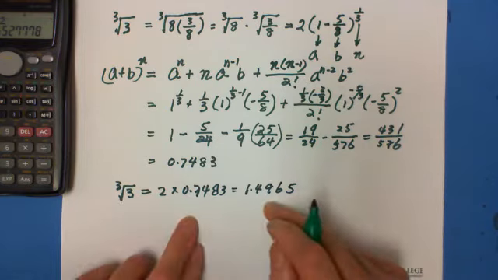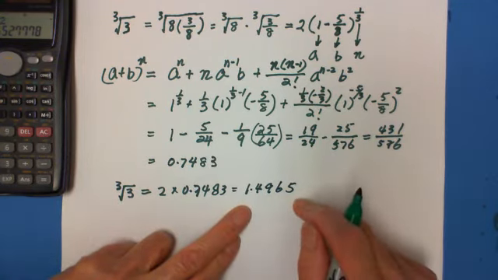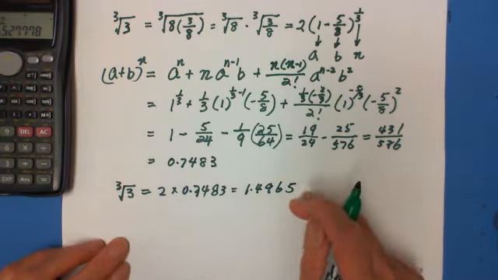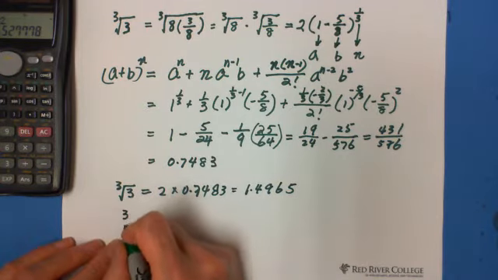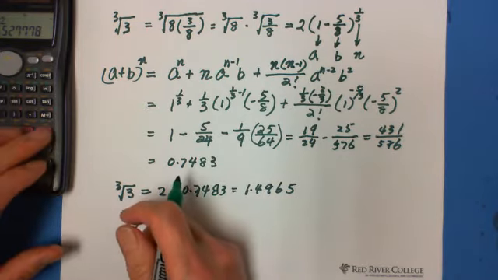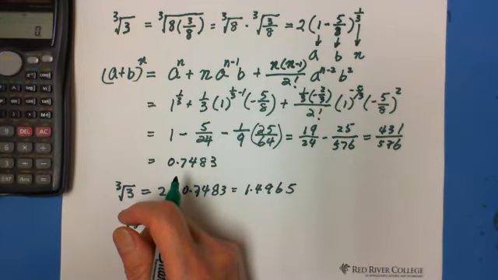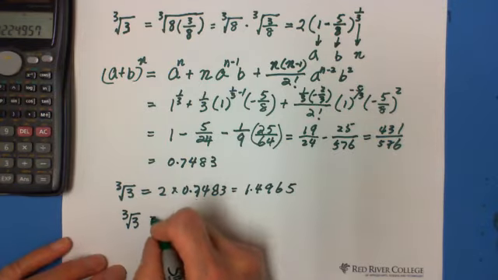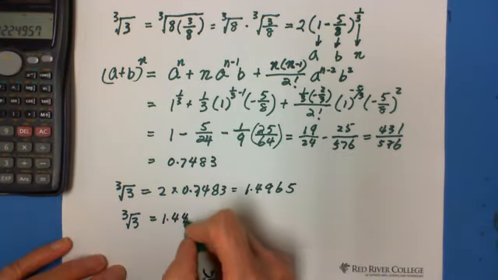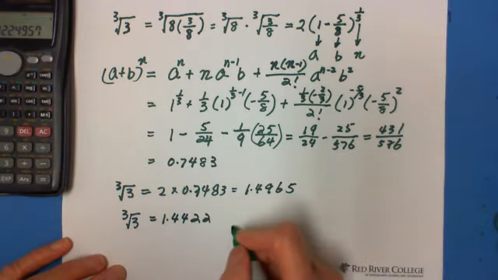This is the approximation. But if we use the calculator and ask for the cube root of 3 directly, we see the cube root of 3 equals 1.4422. This is the calculator value.